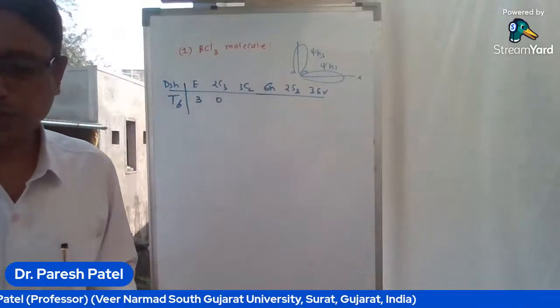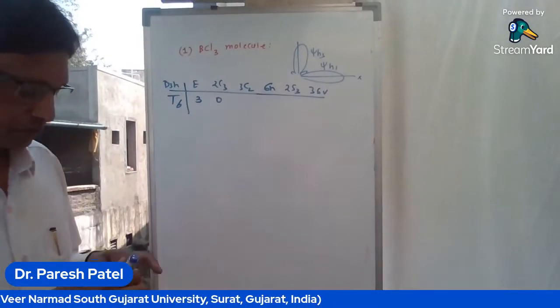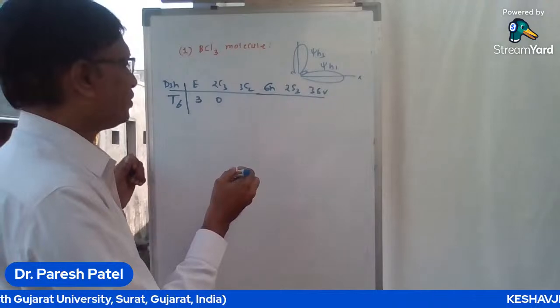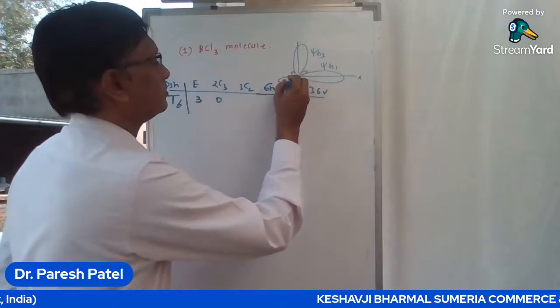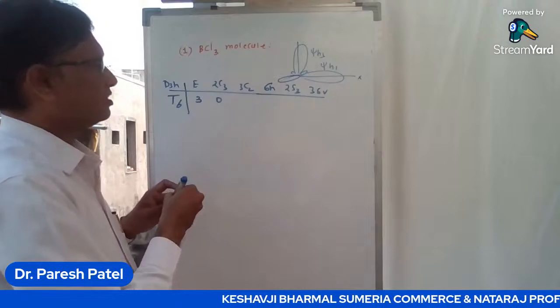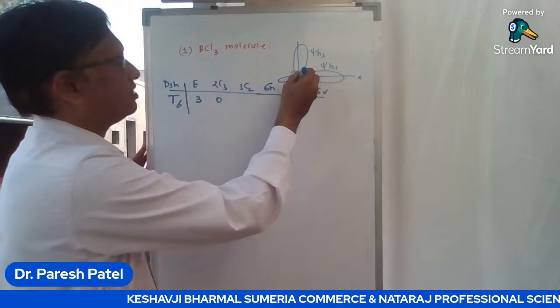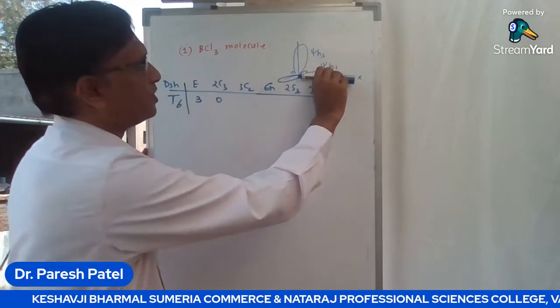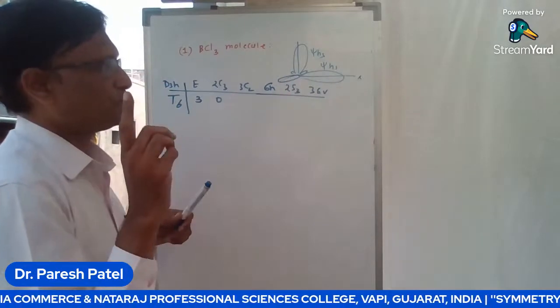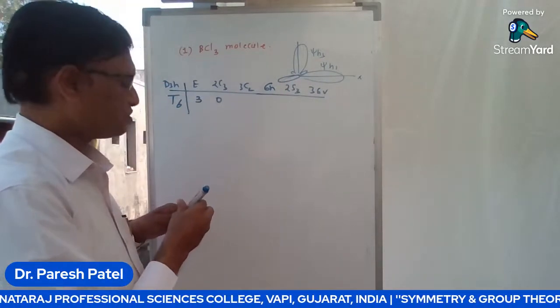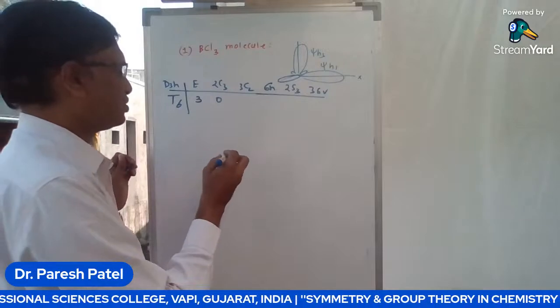Now if we operate the C2 symmetry operation on the vectors V1, V2, V3, what will happen? There is no change in the position of only one vector, and the remaining two vectors are interchanged.